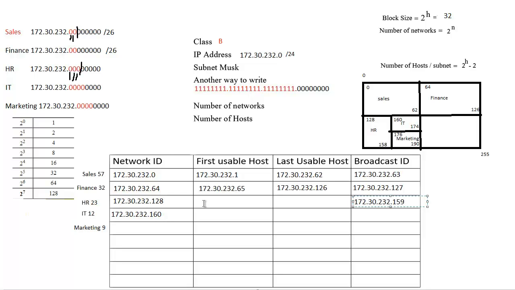And the first usable host for this network is just after the network ID, so that will be 129. The last usable host for this network is just before the broadcast, which is 158.